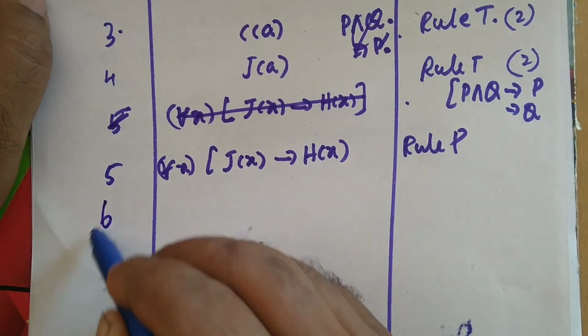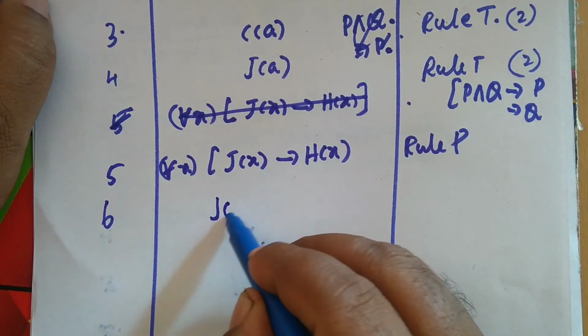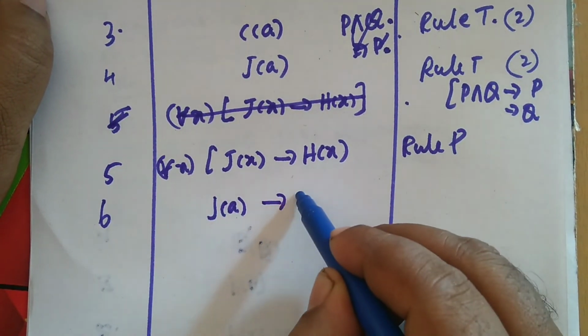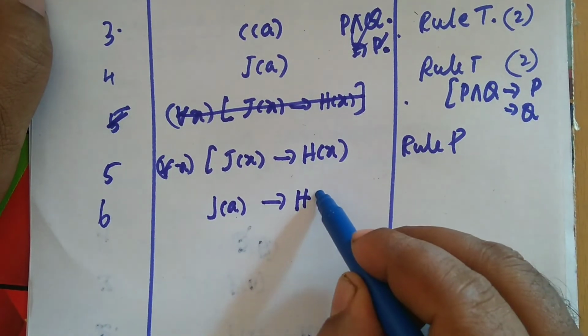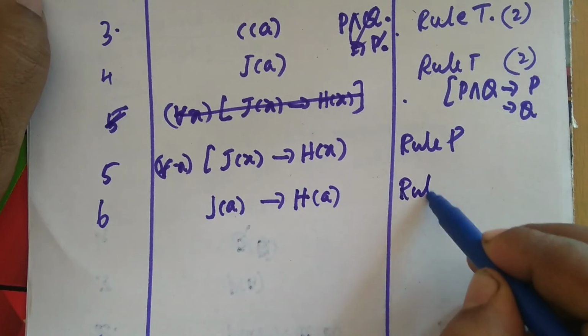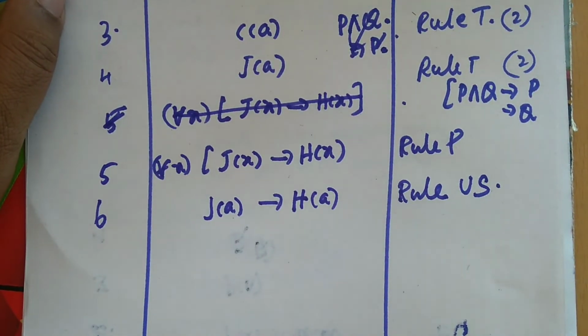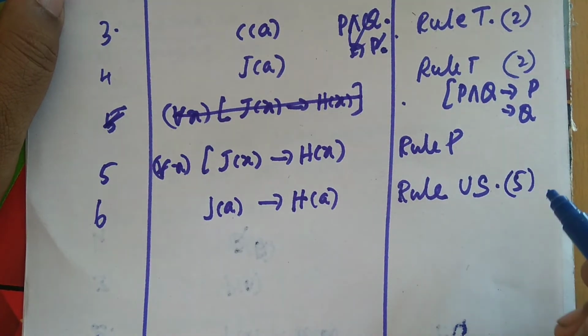So now 6. For all means we can take a particular value, by rule US. So this is from the fifth statement.